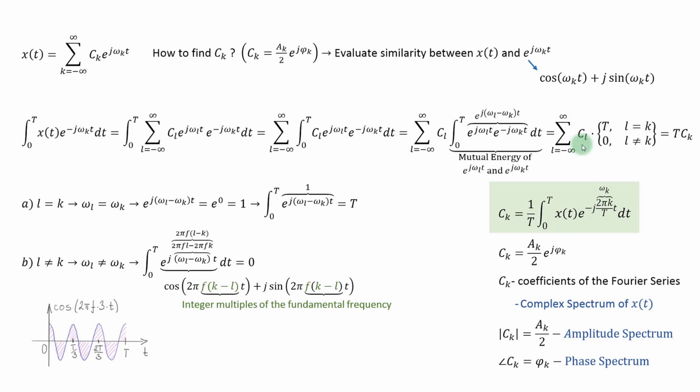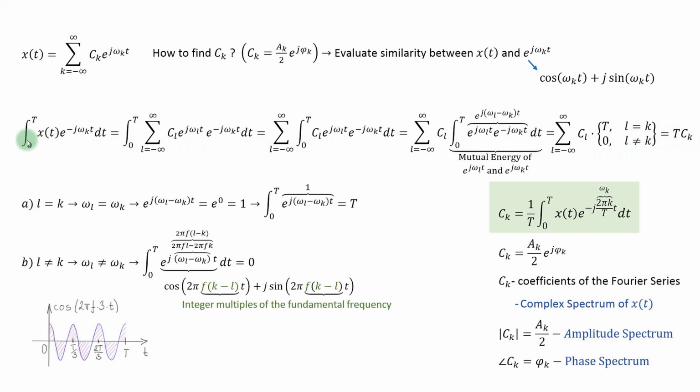The only summand that is not going to be 0 is the one when L is equal to k. In that case, this expression is equal to t. Thus, this entire sum will be equal to t times c sub k.